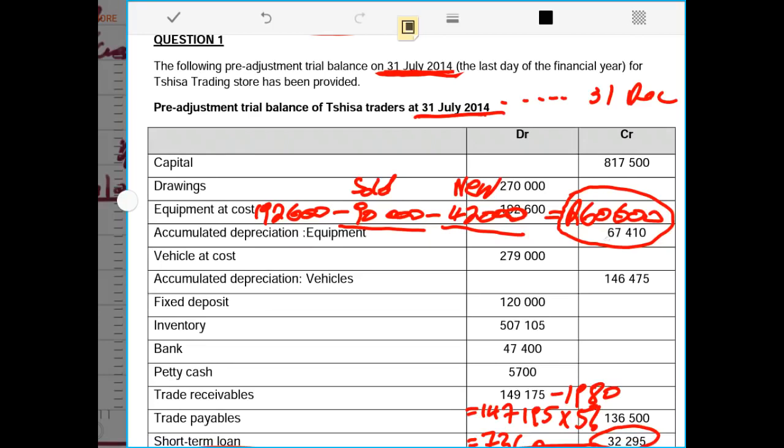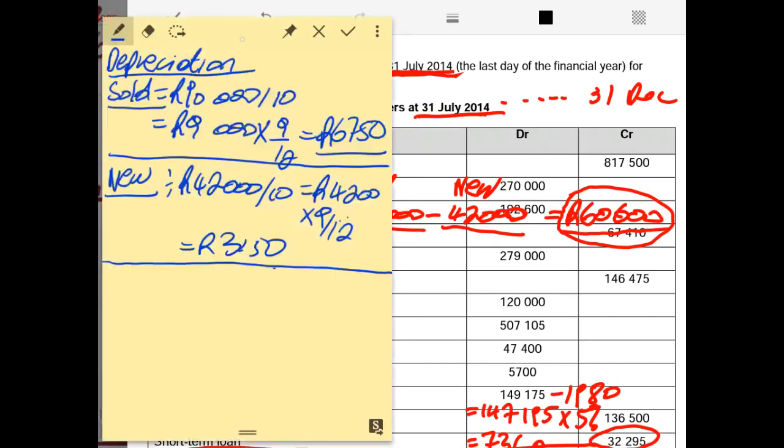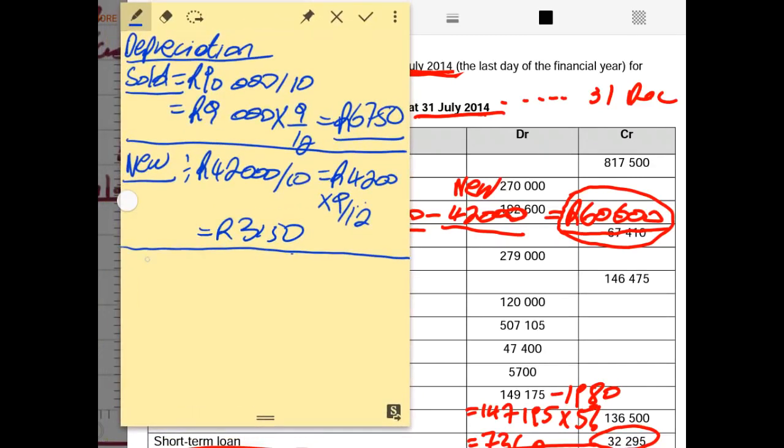But what about those that were in the business, not sold, from a year that we don't know? We must also calculate their depreciation for the full year. So now we have three depreciations: the sold one, the new one, and the old one, or the remaining one. The old ones cost 60,600, and we know that they were in the business until the end of the year.